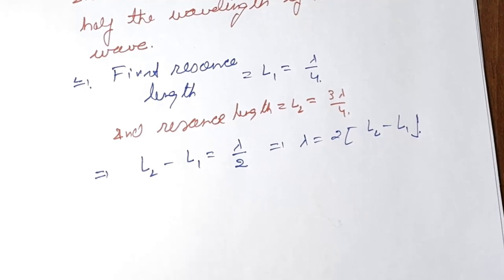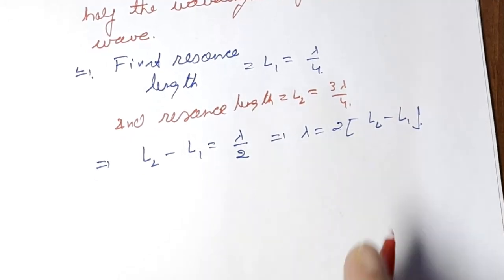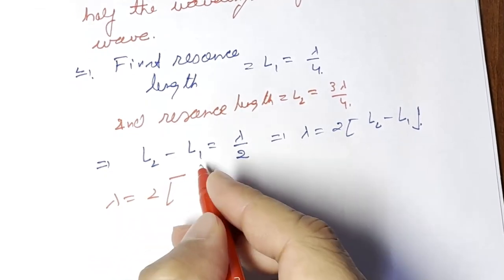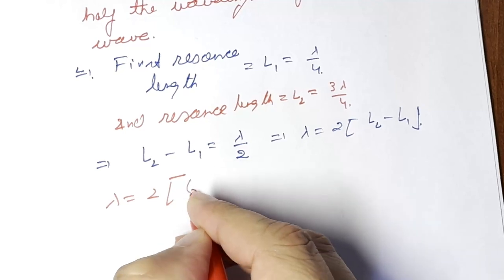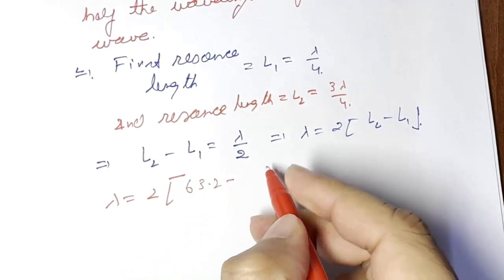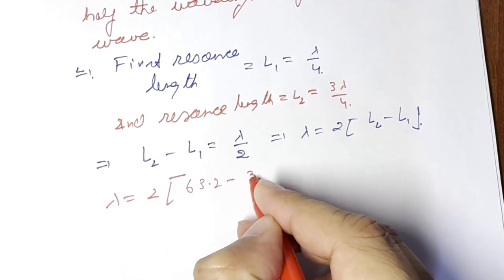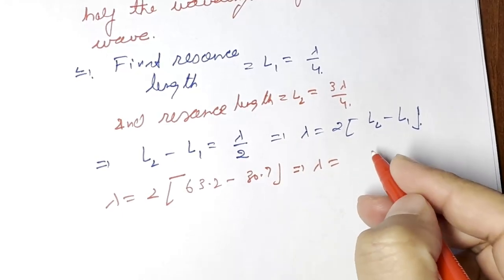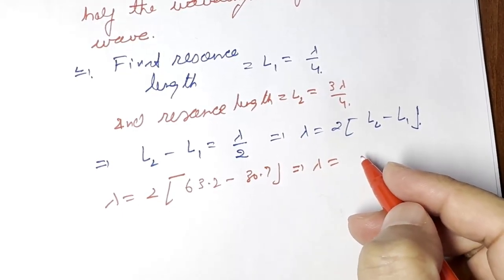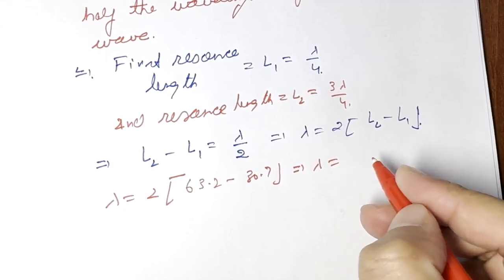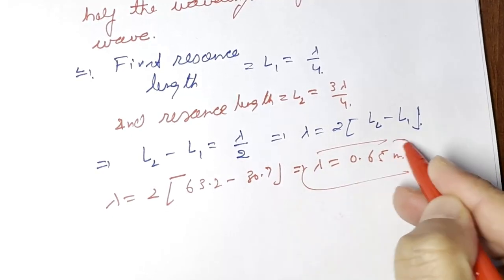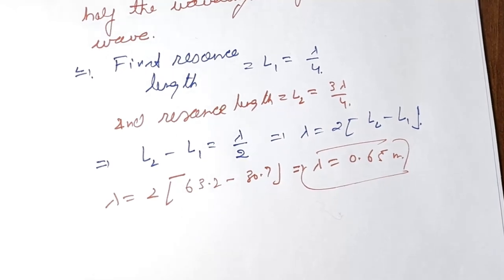In the question, L2 and L1 are given to us, so I simply substitute the values. Lambda is twice L2, which is 63.2, minus L1, which is 30.7. This gives us lambda equal to 0.65 meters. So we are able to find lambda.